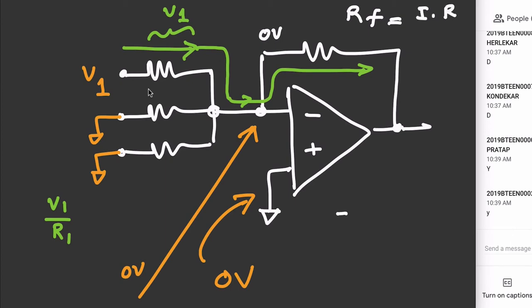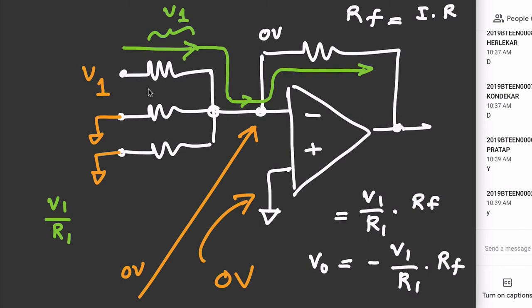So this will be I, which is V1 by R1, into resistance, that is Rf. This is again equal to VO, that is minus of V1 by R1 into Rf, because it is reverse polarity. It is less than 0 when the input is positive. Did you understand this?